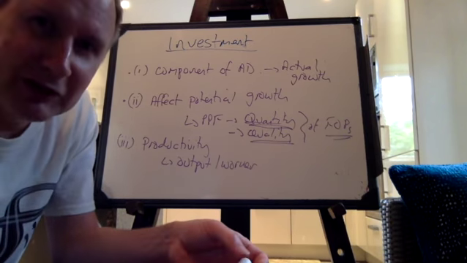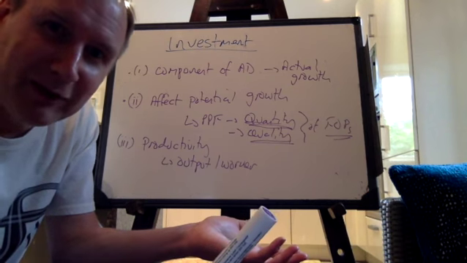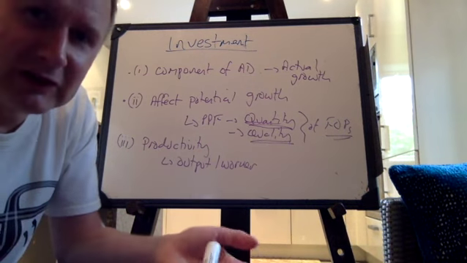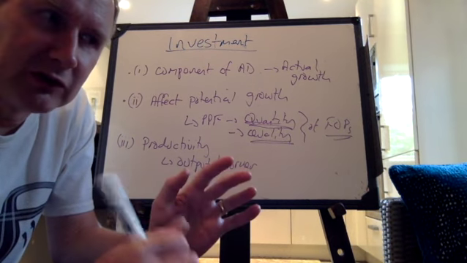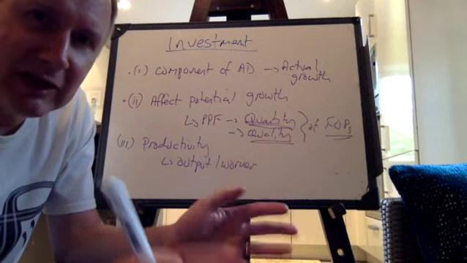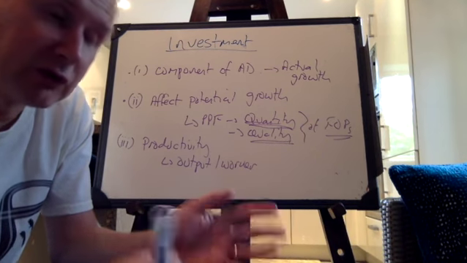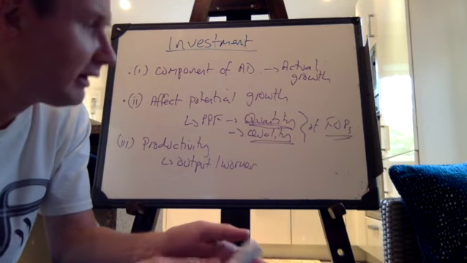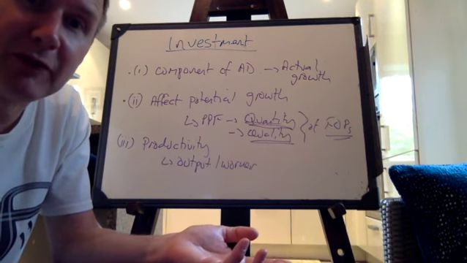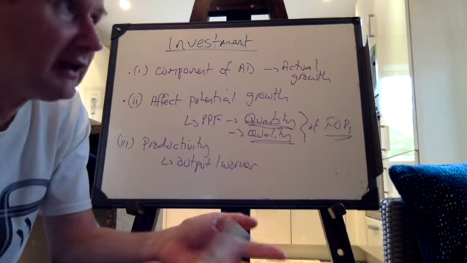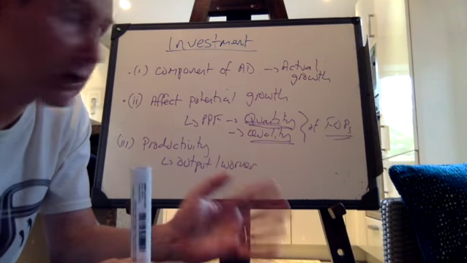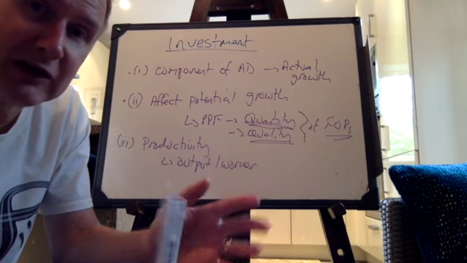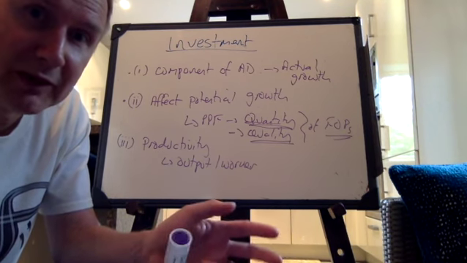It's not necessarily the case that output's going to double. I might make the same output and just fire half of them. But what it does mean is it's going to reduce my costs. I can make the same output of goods or services more quickly. Therefore my unit cost is lower. Therefore that's going to improve my competitiveness on world markets. So hence, again, investment is valuable for businesses, because it helps them to be more effective when they're competing.